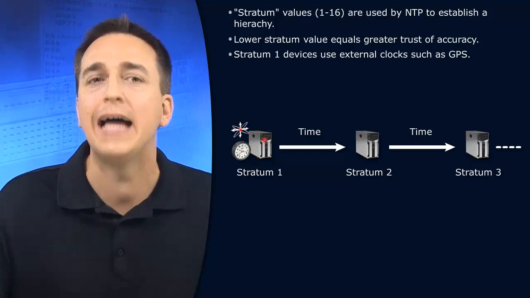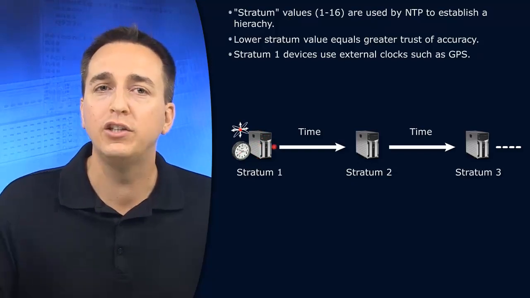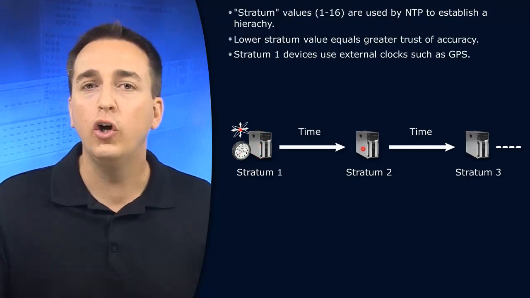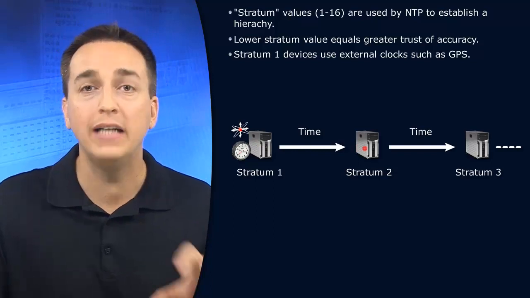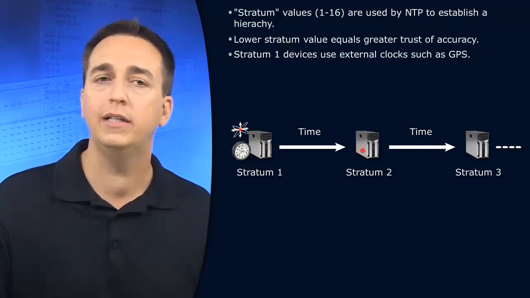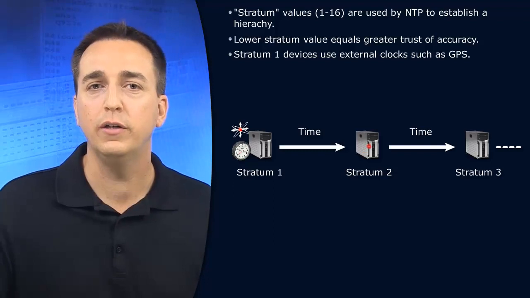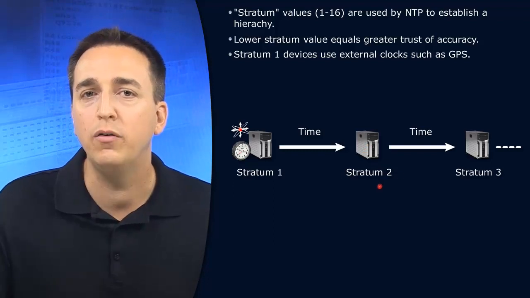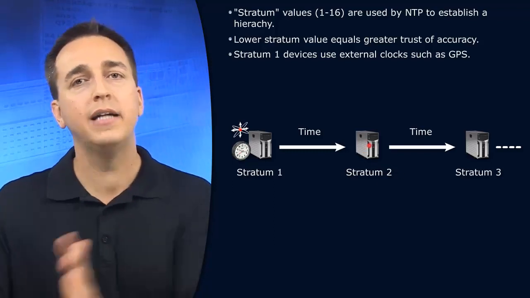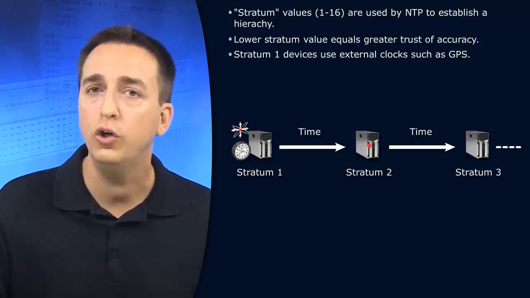Everybody trusts that time. And so they are synchronizing their devices or a specific device in their organization up to that server. And notice what the stratum level becomes on that device in the hierarchy. It's now a stratum level of 2.